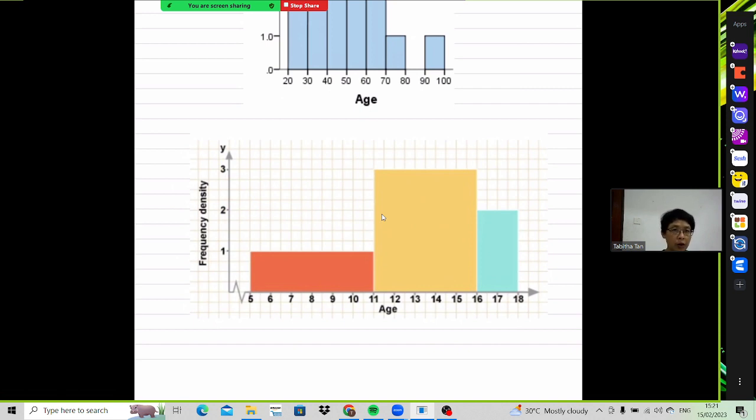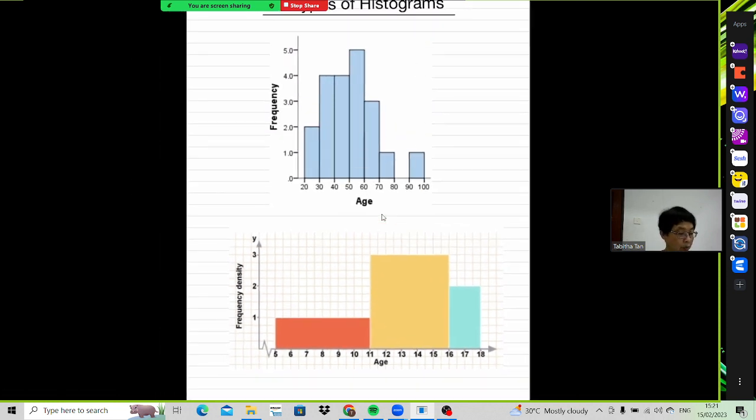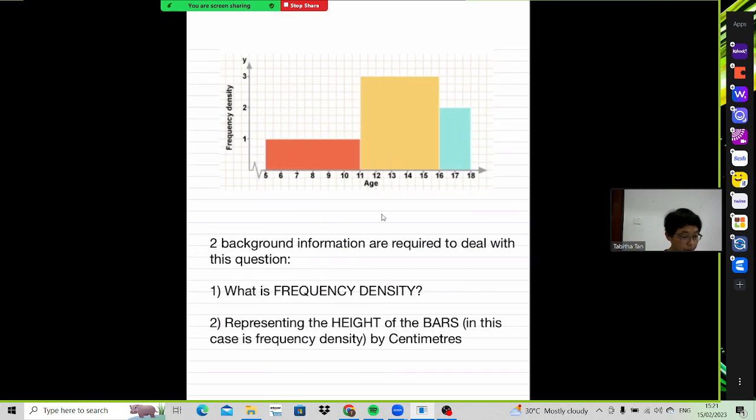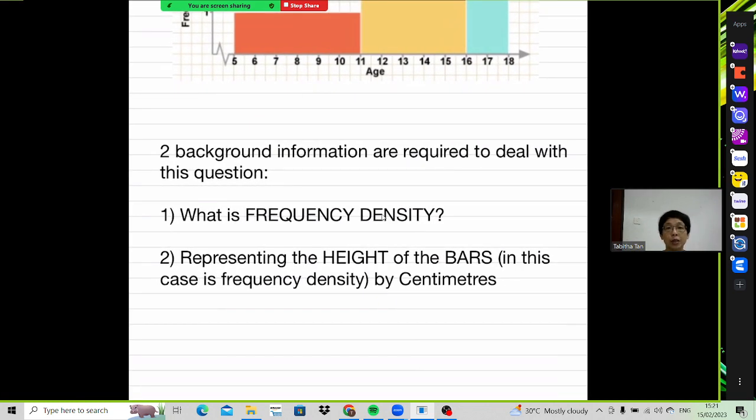We need to find out the frequency density from the frequency table. So there is a new thing that we have to find out because it is not as direct as the previous one. To approach that, I would like to take us through two pieces of background information that are required to deal with this question.